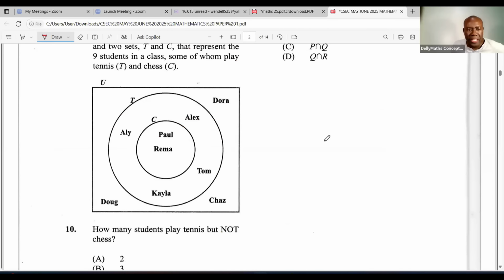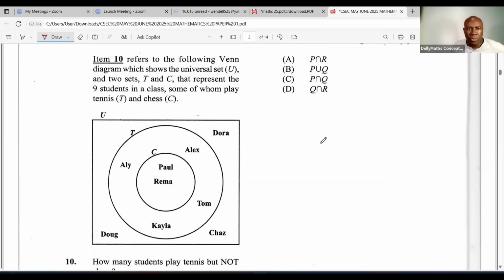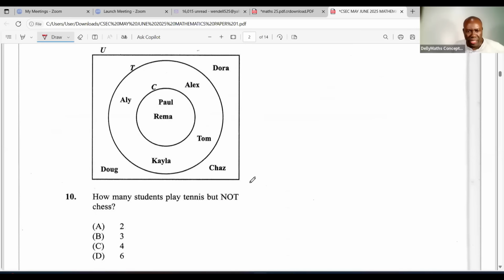Let's go to the next question here. The next question refers to the following Venn diagram in which the universal set U and the two sets T and C represent the 9 students in a class, some of whom play tennis and chess. All right, here's the question. How many students play tennis but not chess?